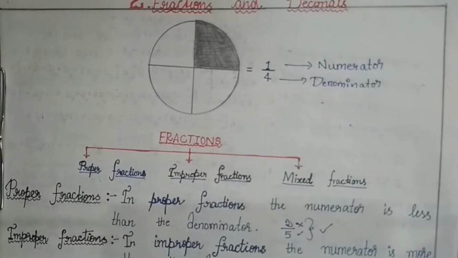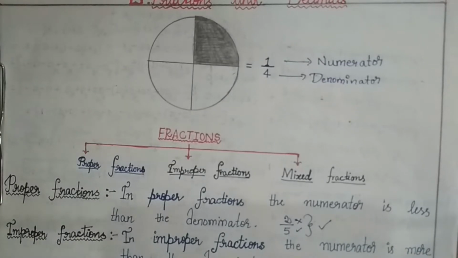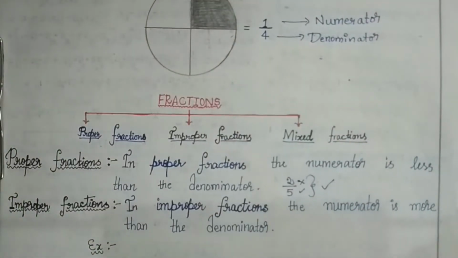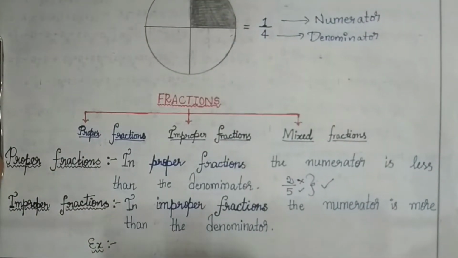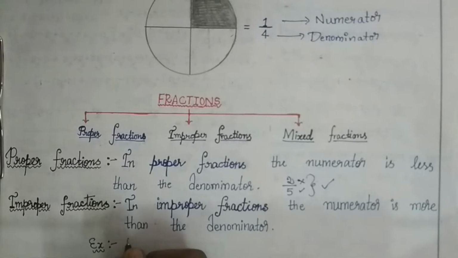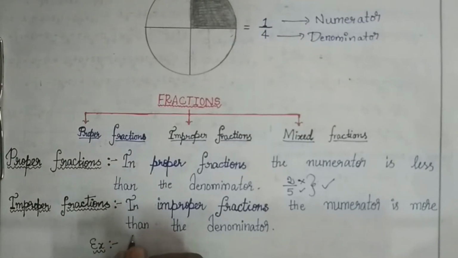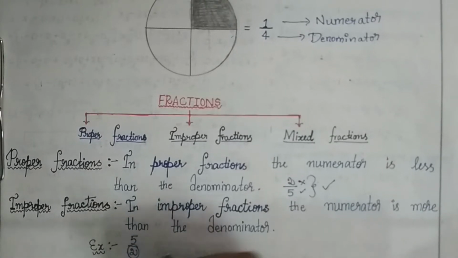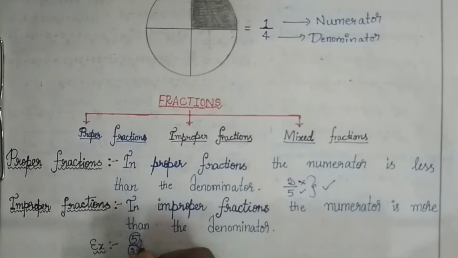Whereas in an improper fraction, the numerator should be more than the denominator. So, here let us take one example for this. 5 by 2. Here the denominator is less than the numerator.